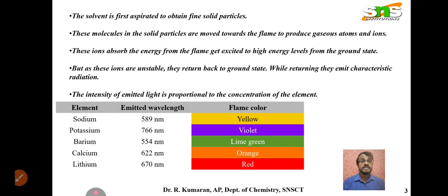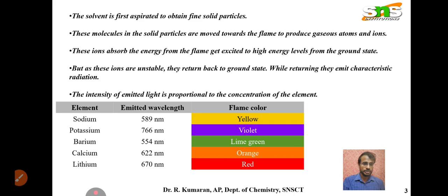The intensity of the emitted light when returning is directly proportional to the concentration of the element present. So based on the color we can detect the basic element present in the solution.